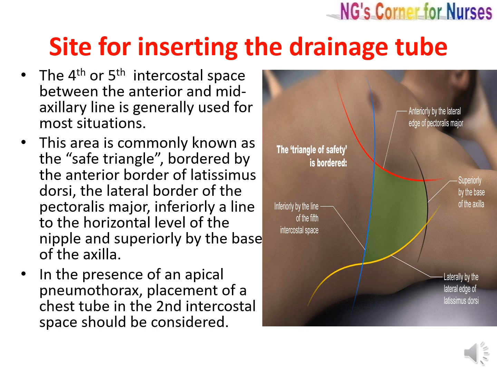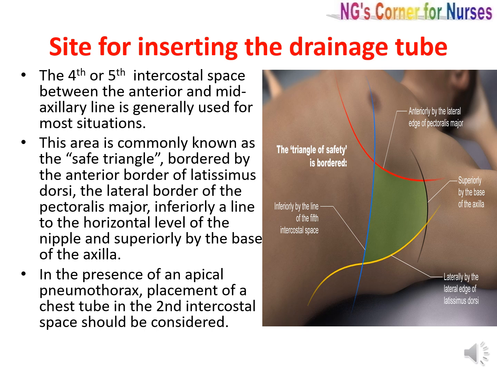Next, coming to the site for inserting the drainage tube. Site of inserting the drainage tube often depends upon the content to be drained out. The fourth or fifth intercostal space between the anterior and mid-axillary line is generally used for most situations.